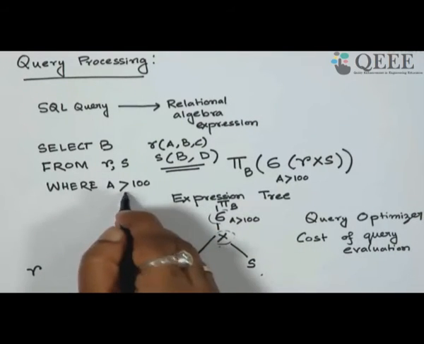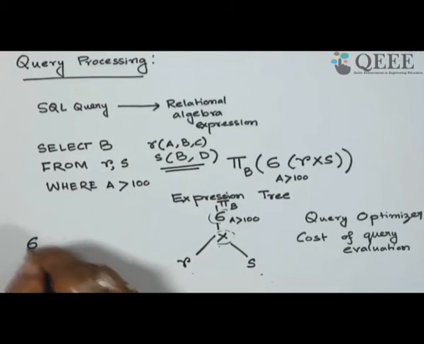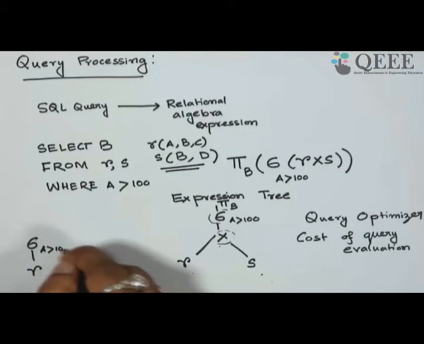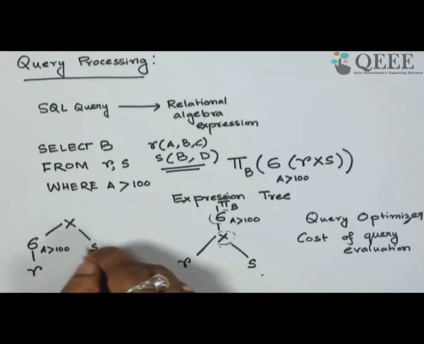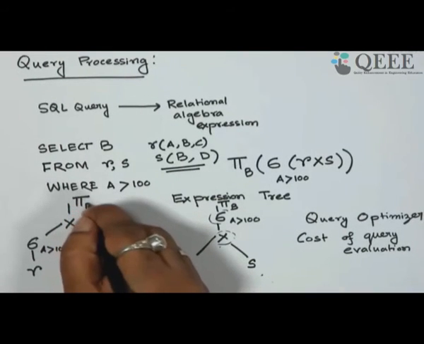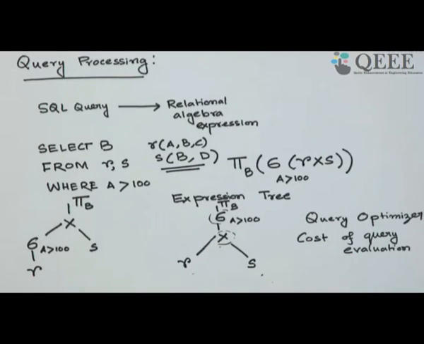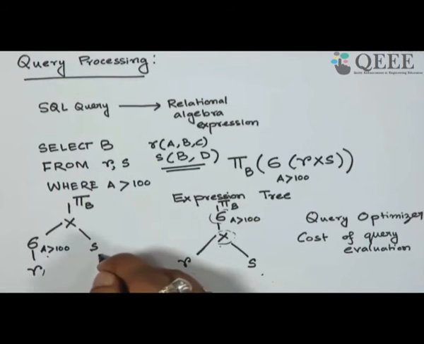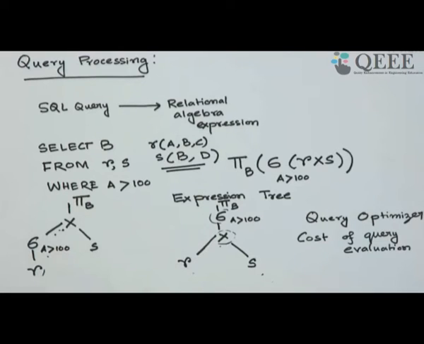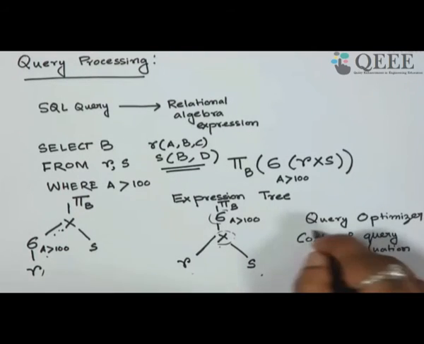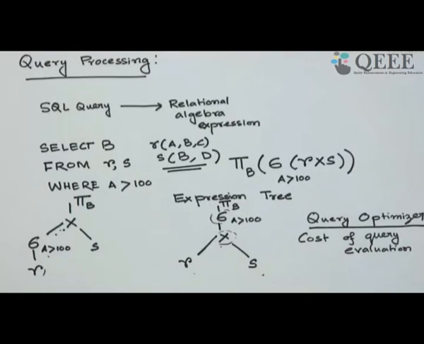So A is relating to R. I first apply the sigma, then do the Cartesian product, then do the pi. Okay, this is an alternate tree. Here, this I have to read to memory, this I have to read, but this is smaller. So this Cartesian product will take less time. Okay, so I evaluate the cost and take the minimum cost.